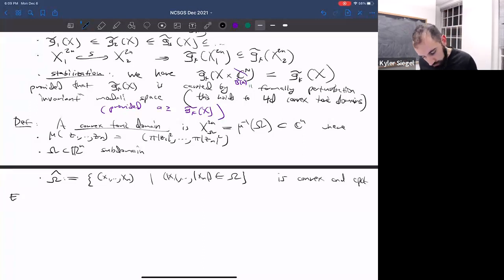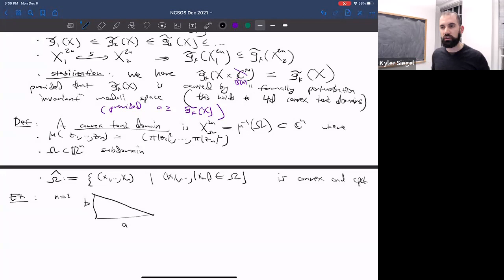For example, I think this discussion is already pretty interesting even if we just talk about ellipsoids, which is the special case where omega is a two-dimensional triangle. If this is omega, then X_omega is four-dimensional, and it's just the ellipsoid E(a,b).